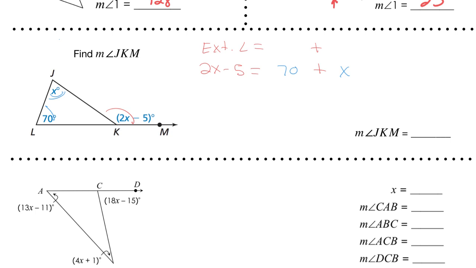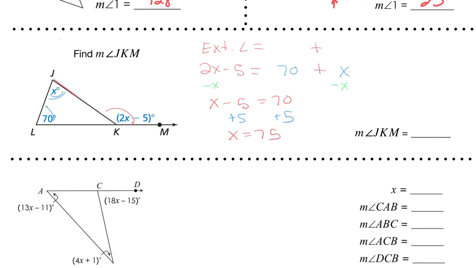So we can move our like terms so that they're on the same side. I'm going to move the x to be on this side with 2x, and then I'll move the 5 to be on the other side with the 70. So we get x is 75. Now that we know x is 75, we can find angle JKM.